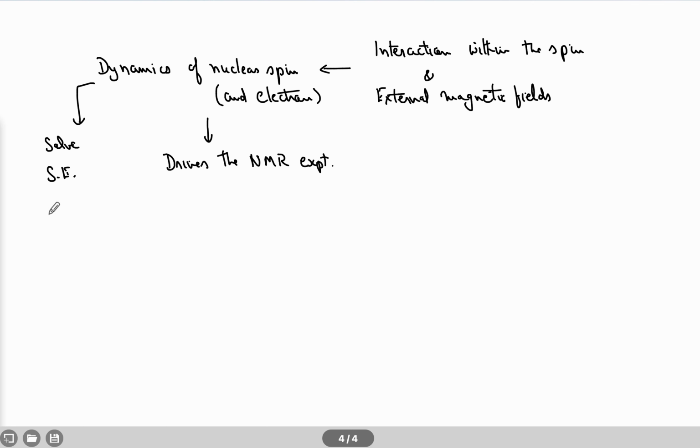So if we want to design new NMR experiments, or to understand the previously done NMR experiments, we need to understand how the nuclear spins are moving in time.